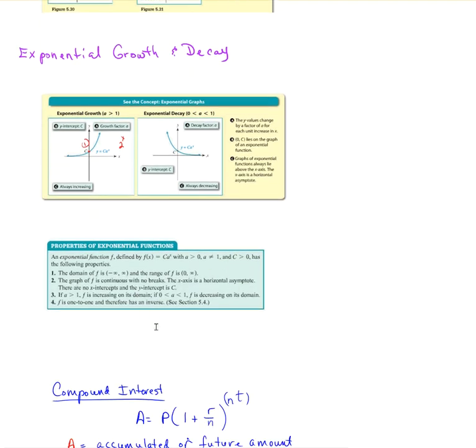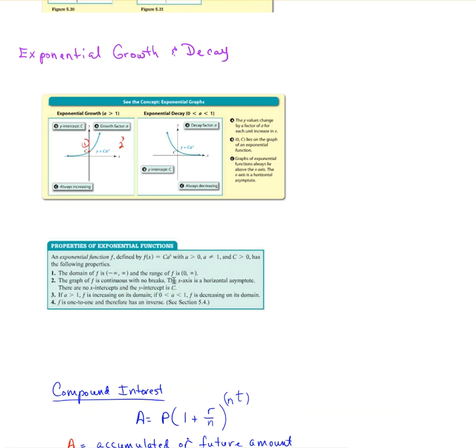Some properties of this: the domain of it is all reals, because it's going to go all the way here. But if you'll notice, the range is 0 to infinity. It doesn't exist down here. Now, you could do something to the function, and it could be down here. But your basic one, no x-intercepts.